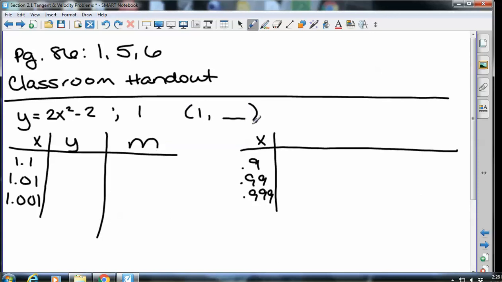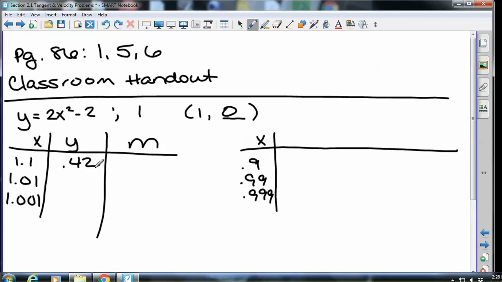When x is 1, what would the y value be? You put a 1 in. Yeah, do 2 minus 2 is 0. So 1, 0. And then if I put in like 1.1, I get 0.42.